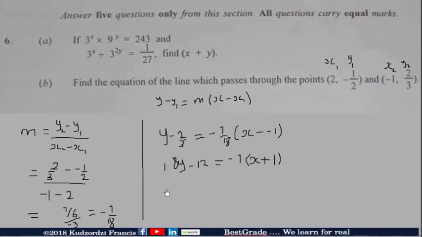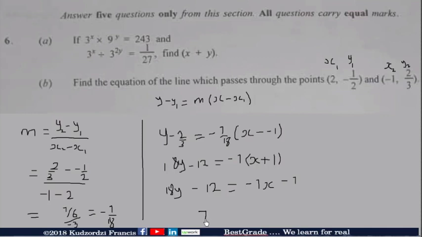Now let's expand. So we get 18y minus 12 is equal to negative 7x minus 7.